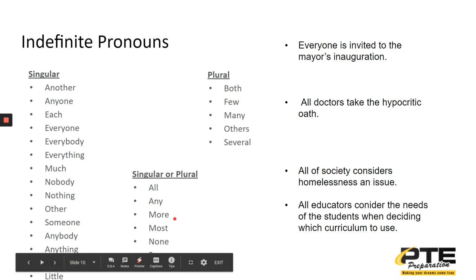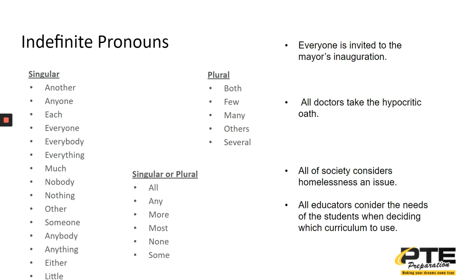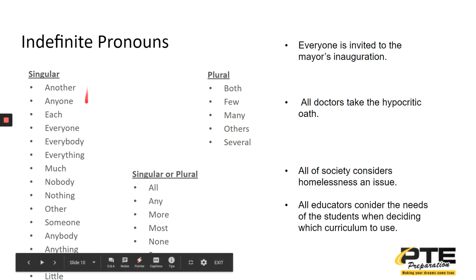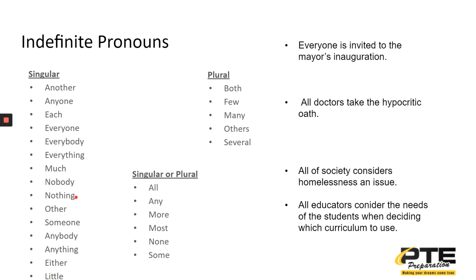The purpose of these, and the few, either and little, is to stand for one word. So it's a pronoun that doesn't have a number attached to it. For example, everyone is invited to the mayor's inauguration. These are considered singular, again, even though they can stand for more than one person.